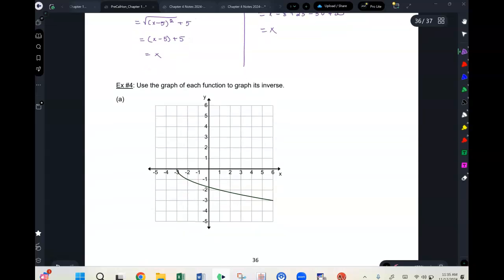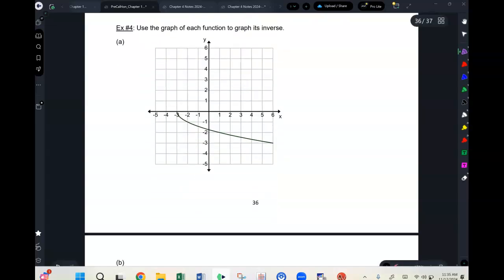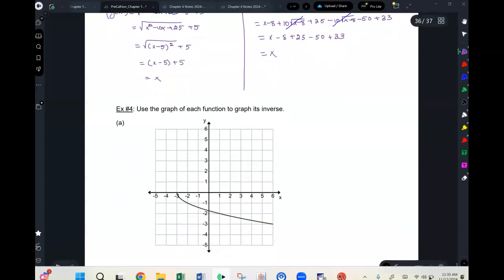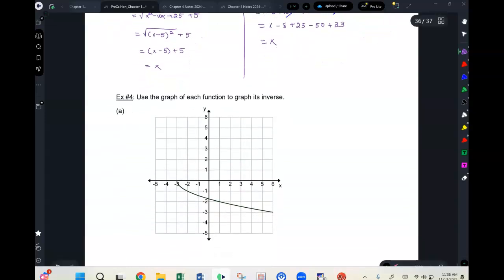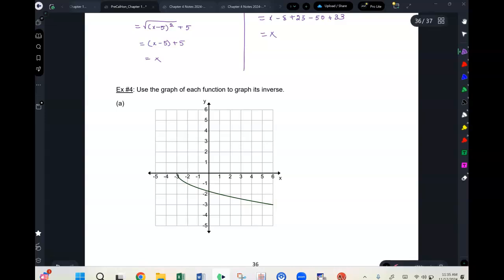Okay. Now, use the graph of each function to graph its inverse. What you have to do is pick points, and then take their corresponding inverse points.